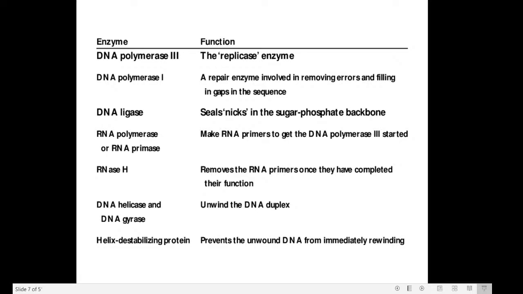RNA polymerase makes RNA primers, and RNase H removes the RNA primers.